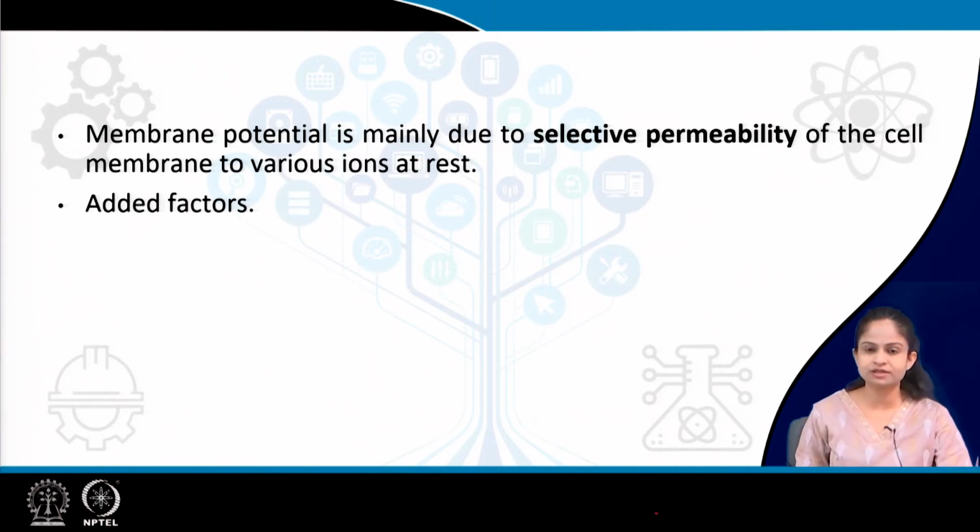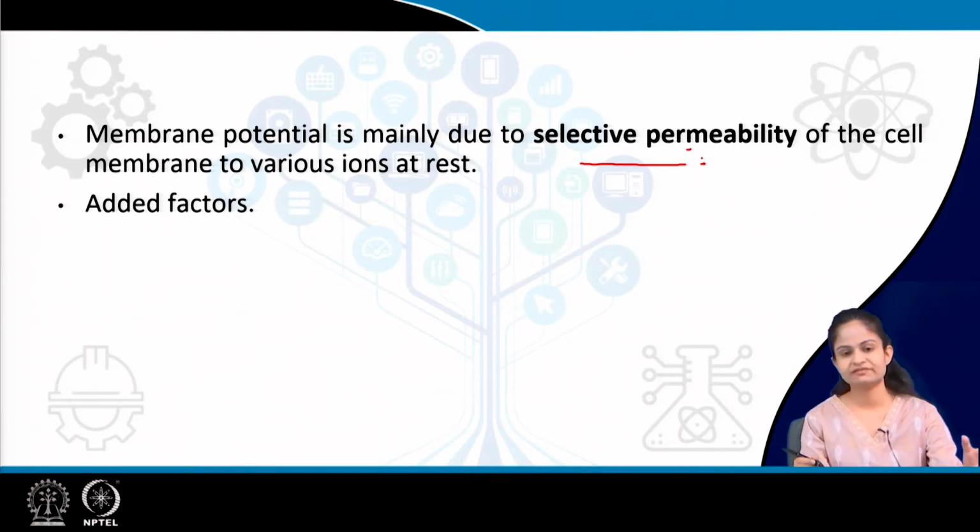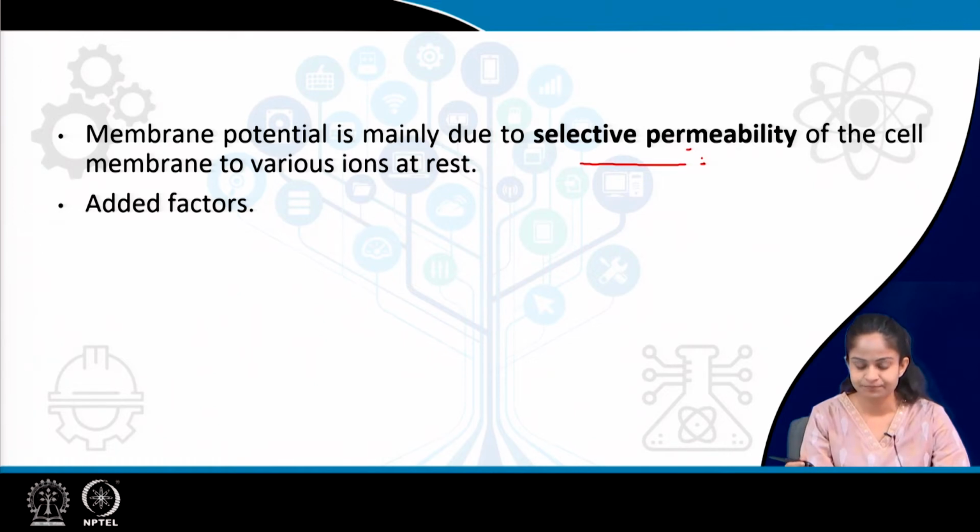Now, membrane potential is mainly due to the selective permeability of the cell membrane. As we know, we have a phospholipid bilayer cell membrane in our body, and this plasma membrane is selectively permeable. So, it is not permeable to all ions. It is mainly permeable to specific ions. So, what are these ions and what is the permeability coefficient of these ions, we will see.